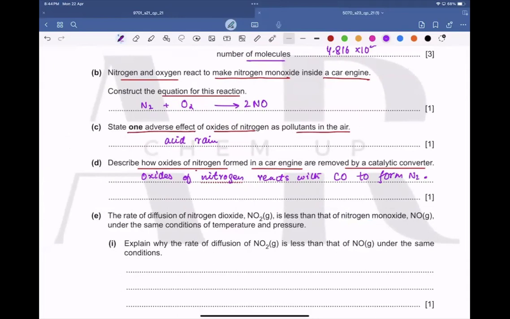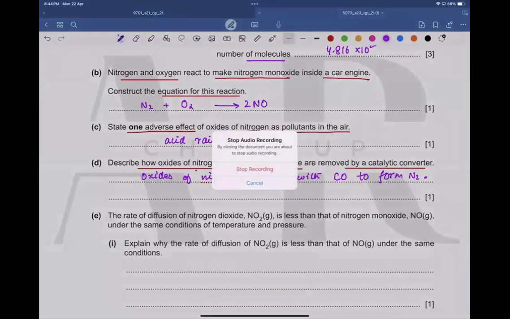Yes, what do you want to be repeated, Josefa? See the air and atmosphere chapter, you will find the catalytic converter reaction over there, or let me show you.